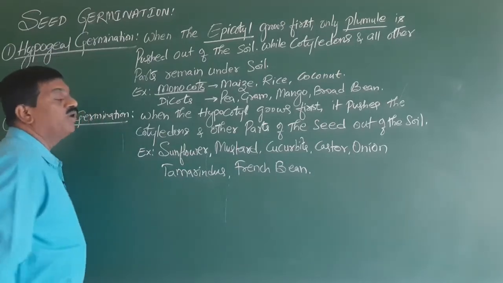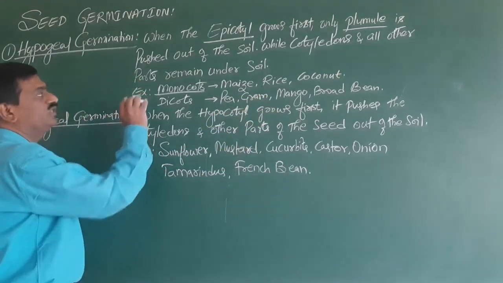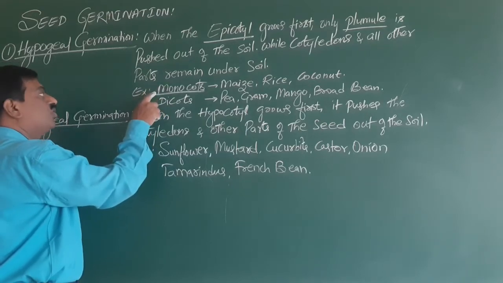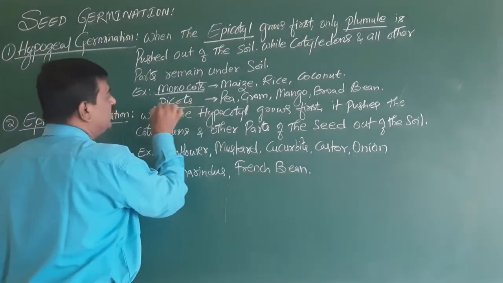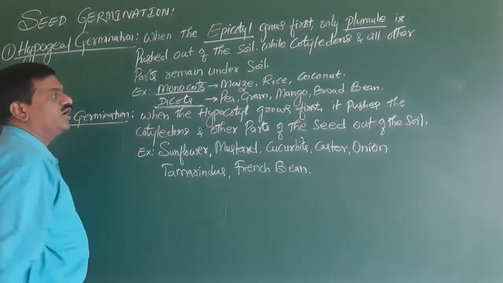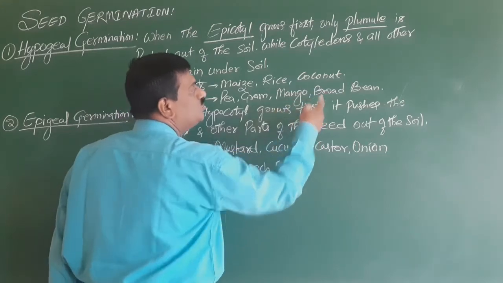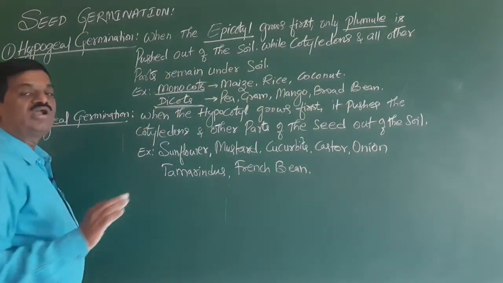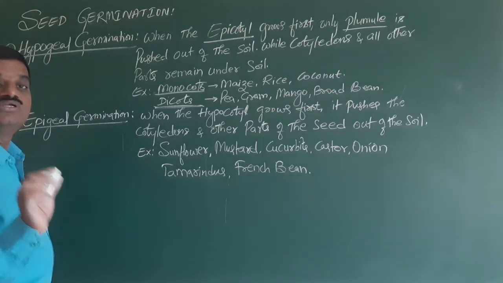Examples in monocots: maize, rice, coconut. In dicots: pea, gram, mango, broad bean are examples of hypogeal germination.